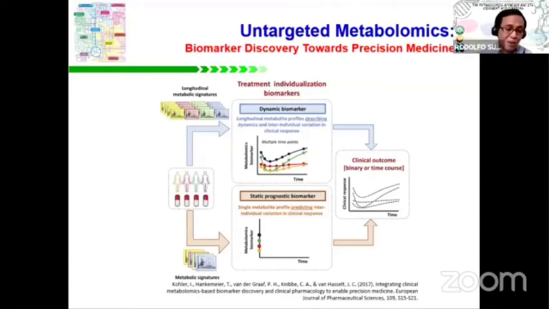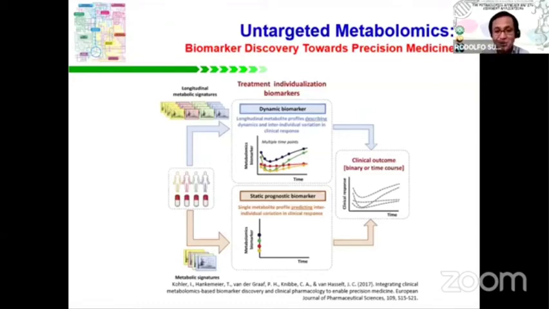Now, on the other hand, the static prognostic markers are usually used for prognostic purposes, and the aim is to predict clinical response or a dynamic biomarker thereof.